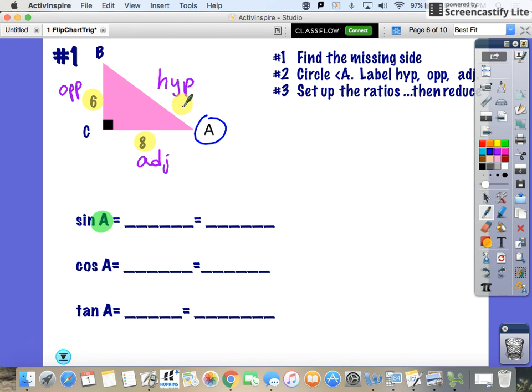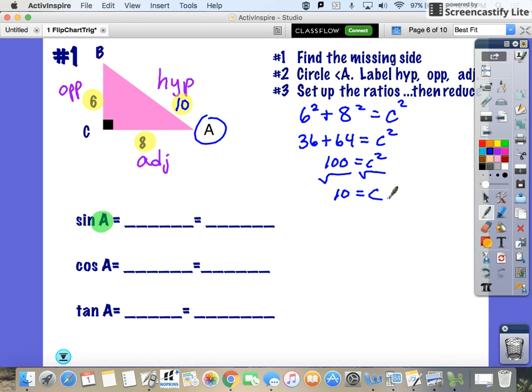This should be the 5 times 2. I know it's going to be 10, but if you don't remember that, that's fine. We're going to say that 6 squared plus 8 squared equals c squared. So 36 plus 64 equals c squared. 100 is c squared. Square root, 10 is c. So our hypotenuse is c.